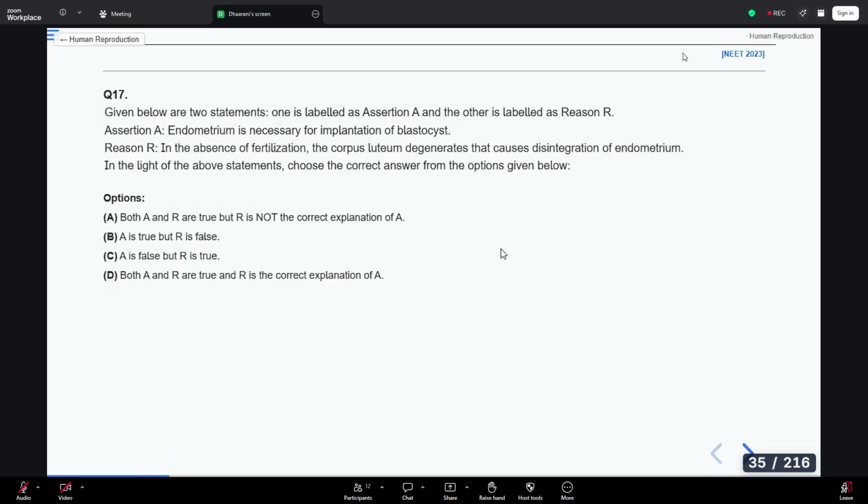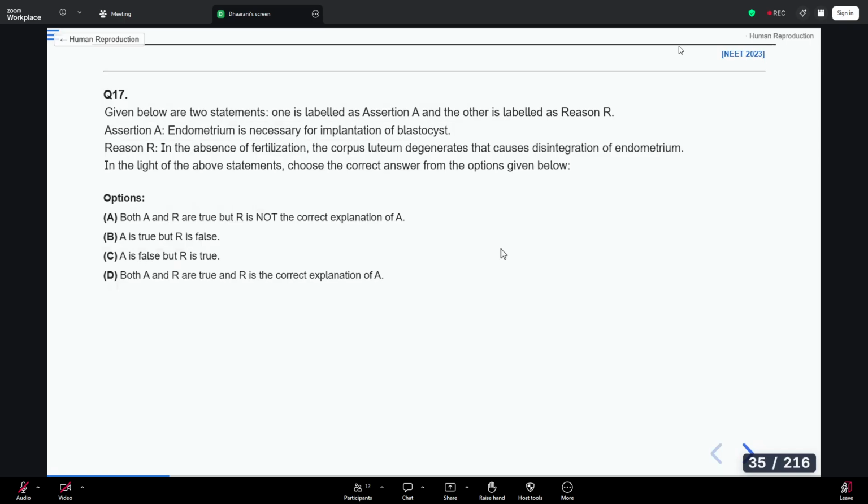Option A: both A and R are true, but R is not the correct explanation of A. Okay. Confusion between option A and D. What about others? Come on, fast, give answers. What is this endometrium?